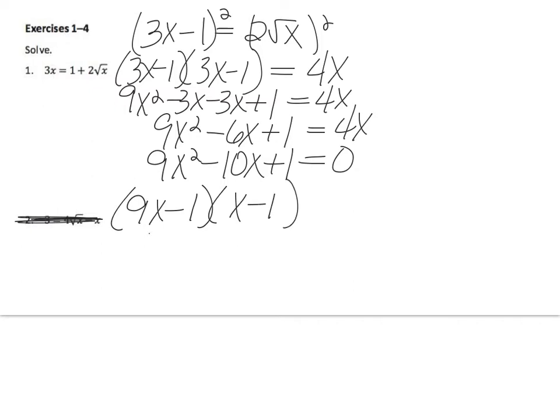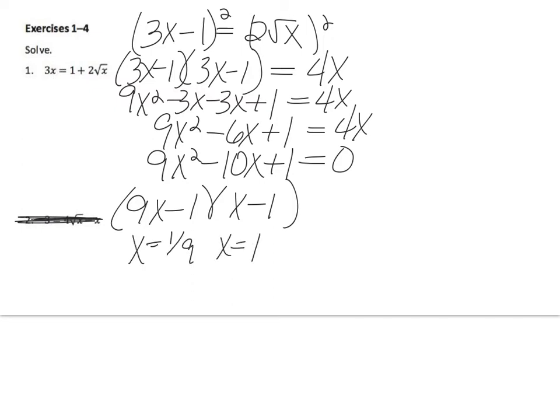Let me check that. I get 9x, negative 9x, negative 1 gives me negative 10, and positive 1. Okay. That one was hard for me to factor for some reason, but we're good. So x equals 1/9 and x equals 1.